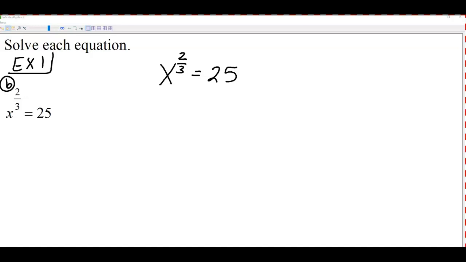Okay. So let me ask Amaya, what power am I going to raise both sides to cancel out the fraction there? So let's start by putting some parentheses here, and I'm going to put the reciprocal power there, and I'm going to put it on the other side also.